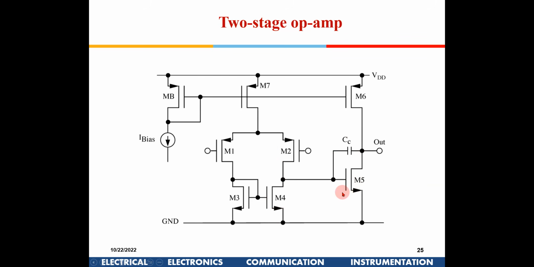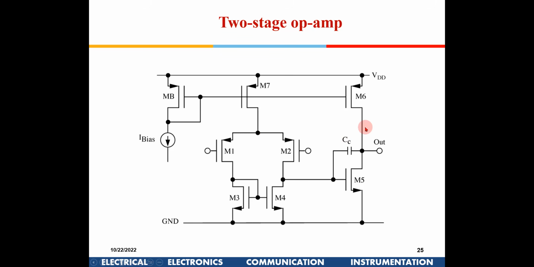Two stages of amplification. This is a differential amplifier. This is a common source amplifier, right? And I would want to have one common drain, a source follower also, so that I can meet one more specification of the op-amp, driving low loads. Right, so this is a two-stage op-amp.